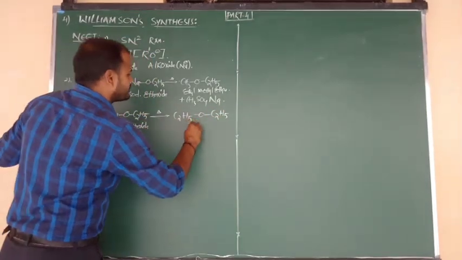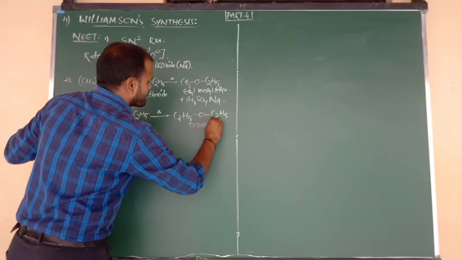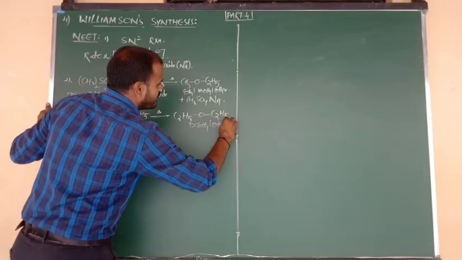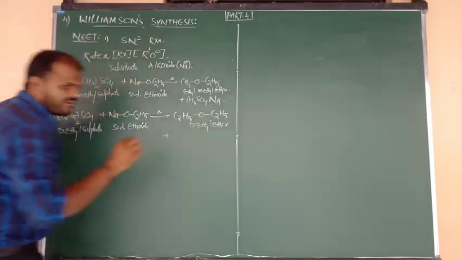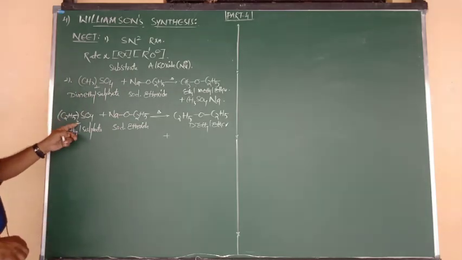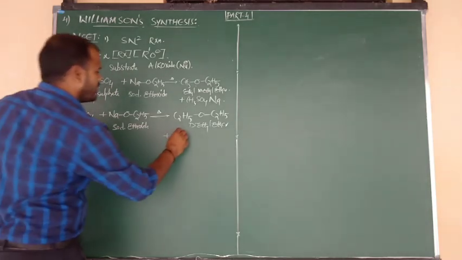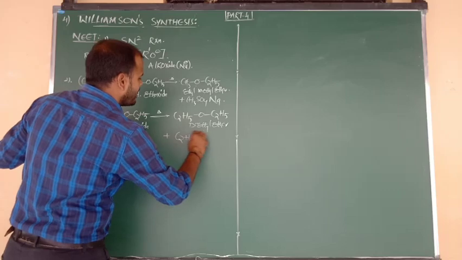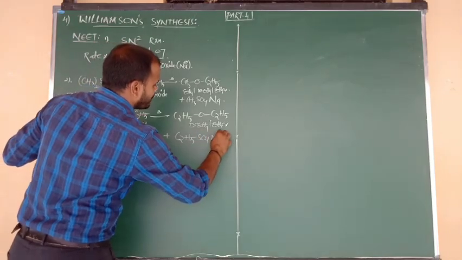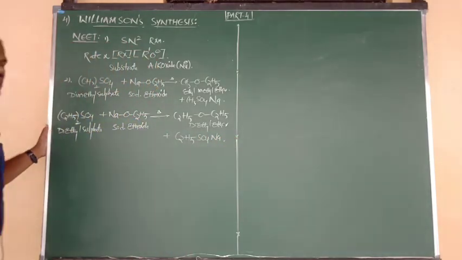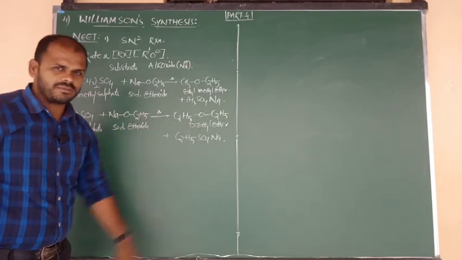I have written it here. And here you get one of the byproducts, another ethyl group with SO4 and Na, C2H5SO4Na. It will be your byproduct. They are not going to ask you about it. Try to focus on the main product only.